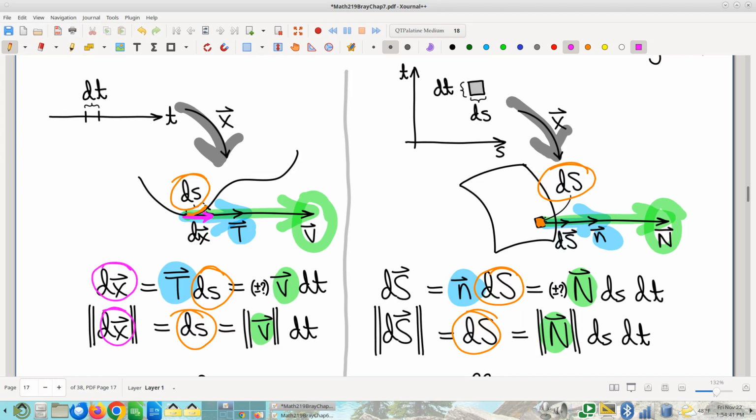That vector's analog over here is the dS vector. Again, the direction tells you the orientation. The magnitude tells you the size, in this case area, of the little piece of surface. And notice it shows up analogously in these equations.